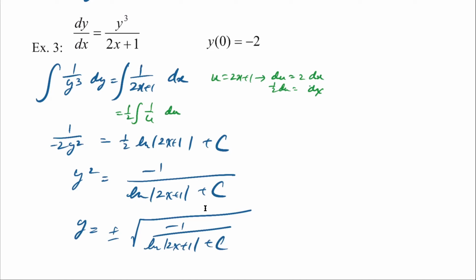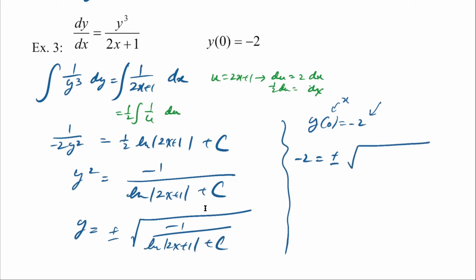And we're not quite done, guys. We have an initial condition. y of 0 is equal to negative 2. That's the x coordinate, that's the y coordinate, right? So what that means is that negative 2 is equal to plus or minus the square root, but because it's negative, this cannot be positive, right?